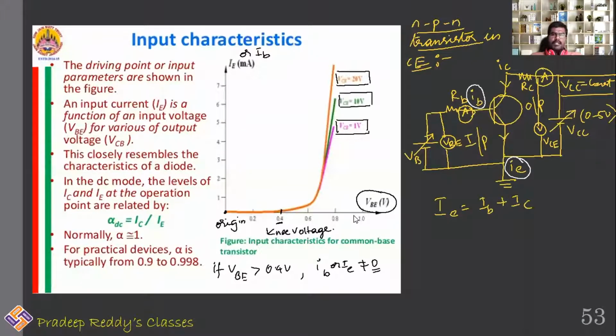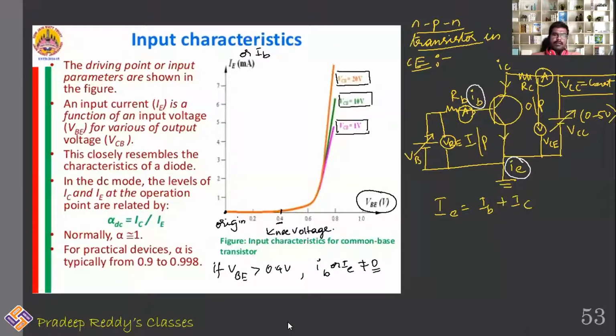So as the applied voltage is increasing, the current in the circuit also goes on increasing, and it depends only upon VBE. VCC is not varying the current in this circuit, right? And VCE is being fixed over here. This is the input characteristics of a junction transistor.